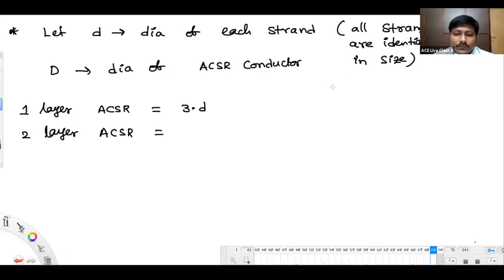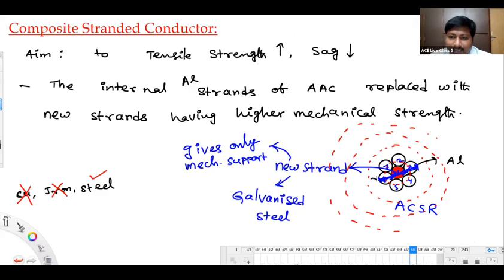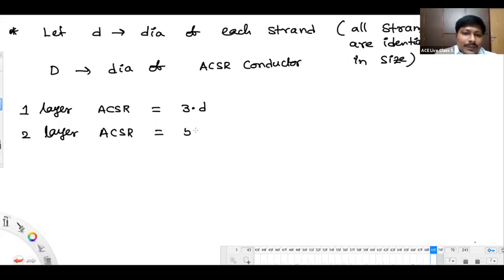Please follow this. If you have one more layer, one more strand will be added at this place, so that d and d will be added to the 3d. So the total will come to 5 times small d. And if one more layer is added, 3 layer ACSR, then it will come to be 7d.